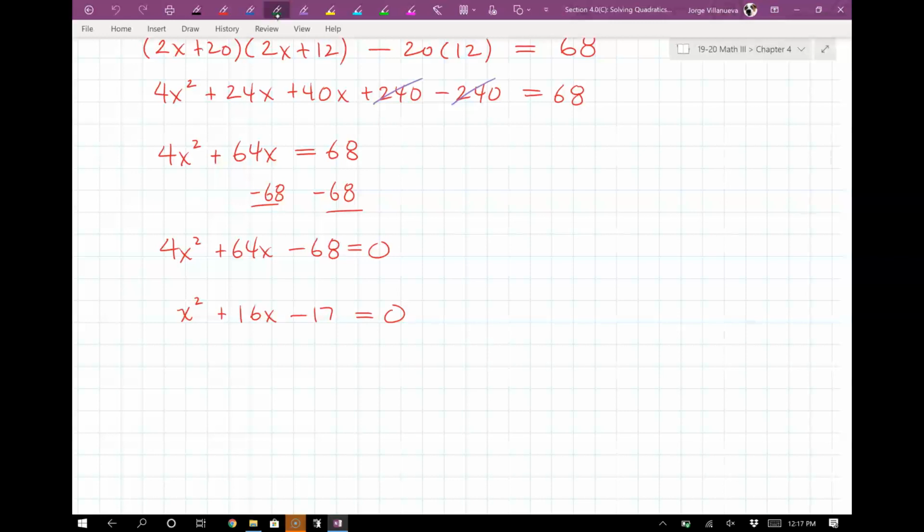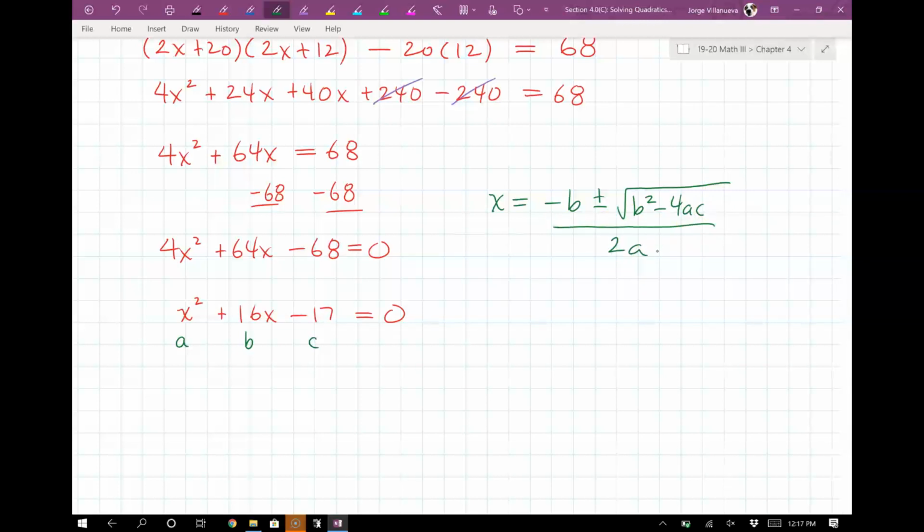Okay? So let's go ahead and use this. This is my A, my B, and my C. So x equals negative b plus or minus square root of b squared minus 4ac over 2a. By the way, you could actually factor that one. But we're just going to pretend we didn't know.